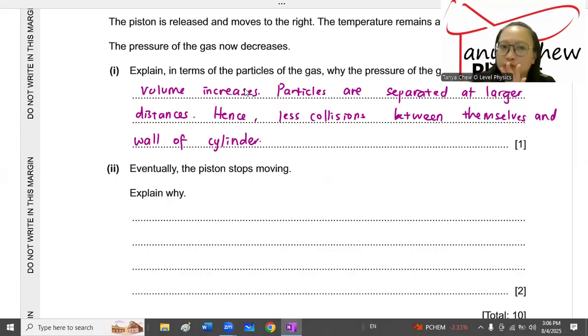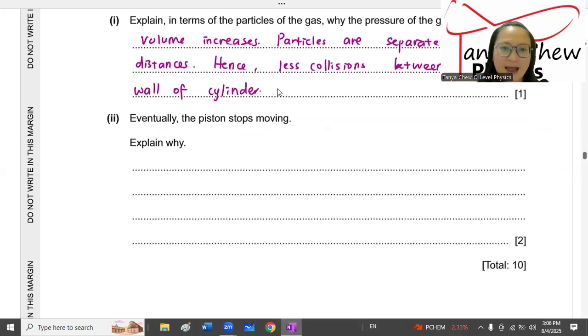So they will push the piston move to the right. So the piston will stop moving when the pressure due to the gas inside the metal cylinder is equal to the atmospheric pressure outside the piston. That also means that the resultant force acting on the piston is equal to zero. That is when the piston stops moving.